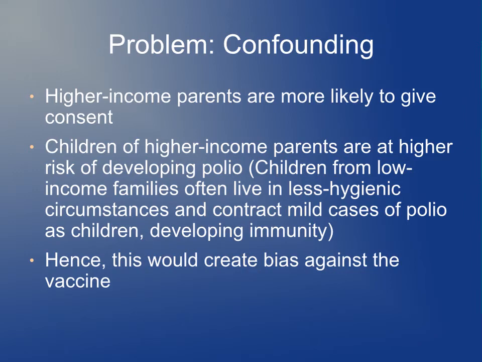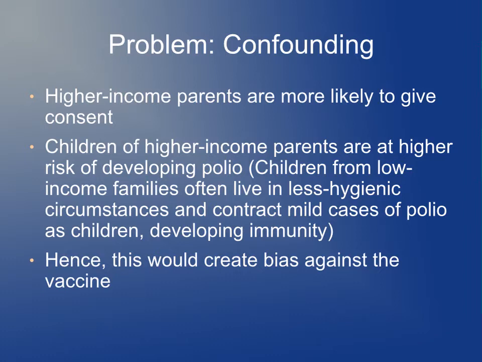They found that higher income parents are more likely to give consent, and somewhat surprisingly, children of higher income parents are also at higher risk of developing polio. Basically, children from low income families often live in dirtier places when they're growing up, so they develop mild cases of polio and consequently develop immunity. So this would create bias against the vaccine.